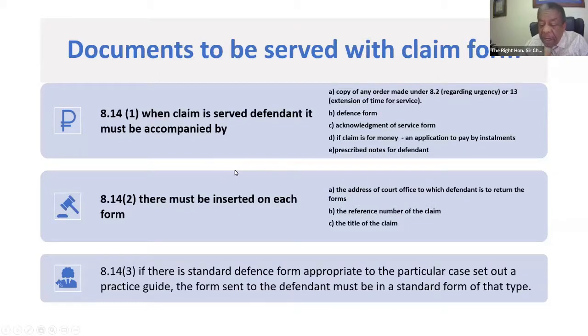There must be inserted on each form the address of the court office to which the defendant is to return the form, the reference number of the case, and the title of the claim. The claimant is required to find out whether there is a standard defense form that is appropriate to the particular case, set out in a practice guide.